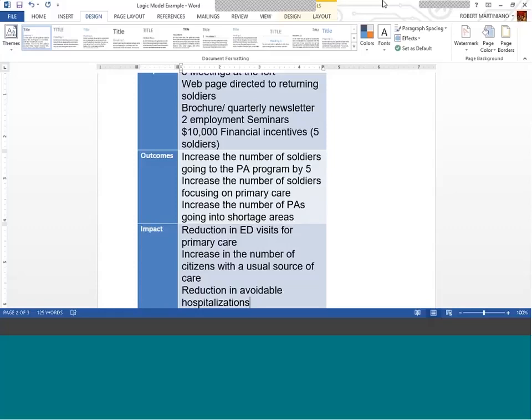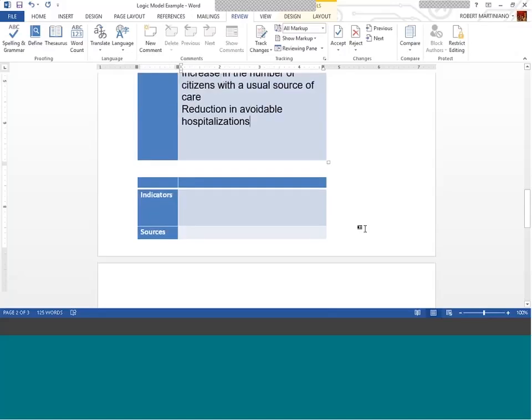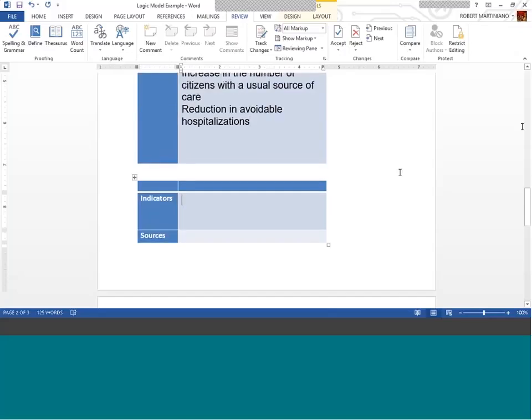This was just off the top of my head, based on a very sketchy overview of what the program was. And obviously, if we had more depth in the project narrative, we could have gone into more depth in the logic model.